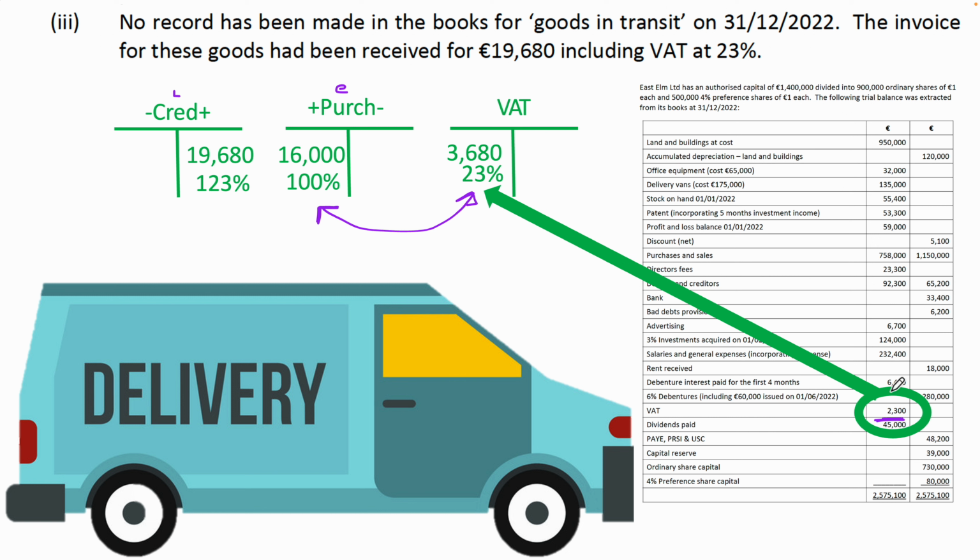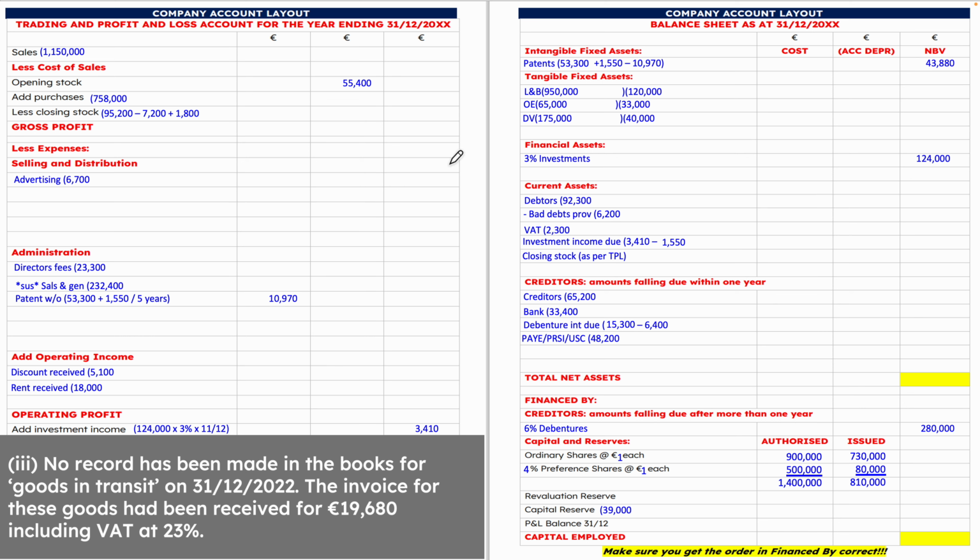So therefore, you're going to be adding the 3680 to the 2300 that you already have. Now, the fact that these were in transit on the 31st of the 12th, 2022 means that it's going to impact the closing stock as well. And the amount that we're going to be adding to the closing stock is exactly the same as the purchases, the 16,000. So let's have a look and see how this impacts your account.